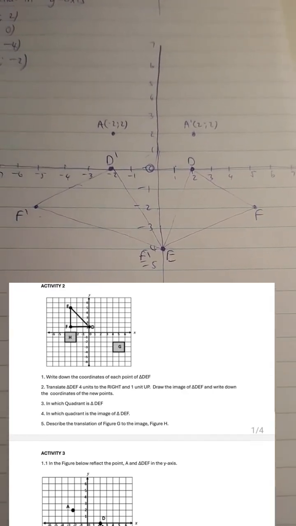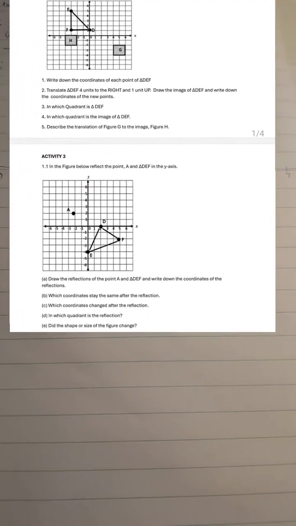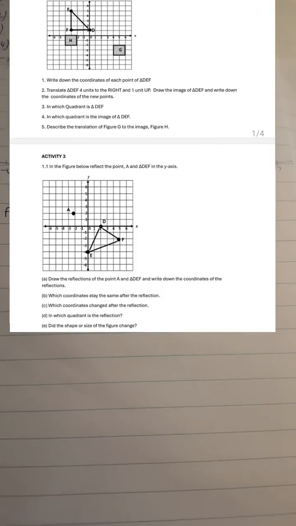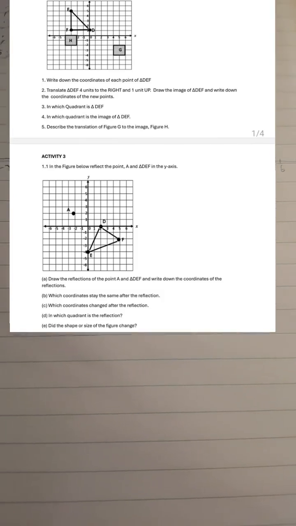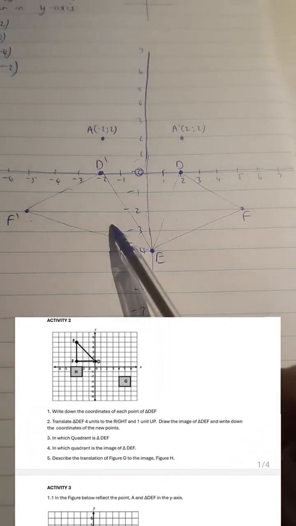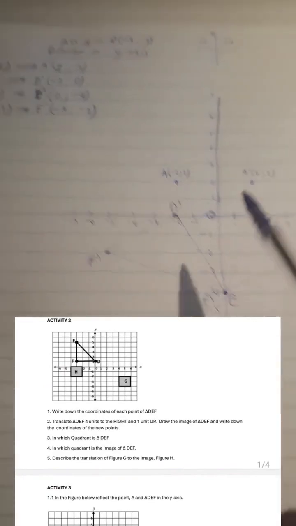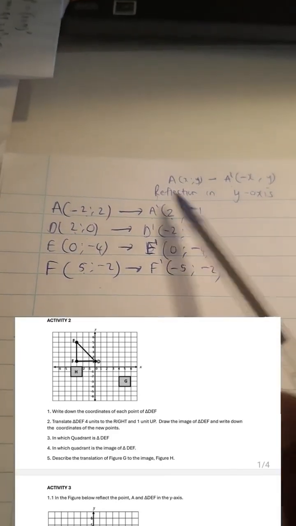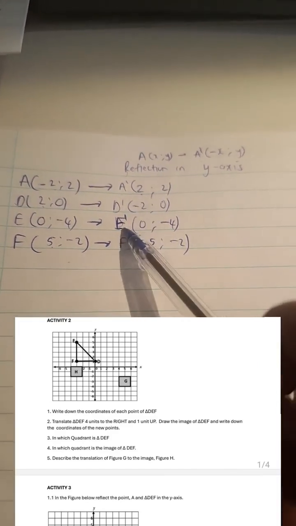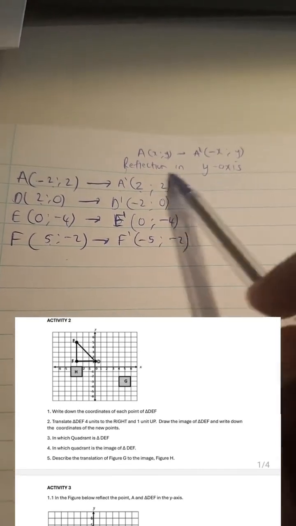Okay, but yeah, that was just me answering the first question in Activity 3. Draw the reflections of point A and triangle DEF and write down the coordinates of the reflections. There are the two diagrams, the original triangle DEF with its reflected form, and these are the coordinates I got from the reflections: A image, D image, E image, and F image, reflected in the y-axis.